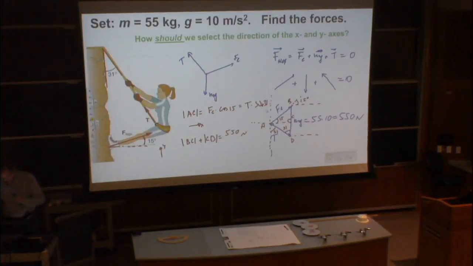But related to FL, say top triangle, hypotenuse times sine of 15 plus CD, that side, is related to tension T. Together we have 550.